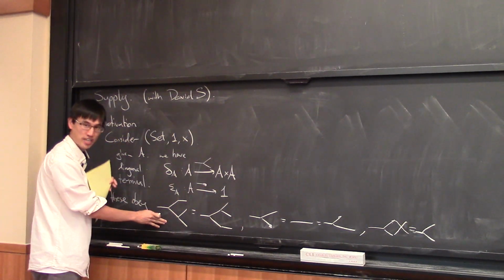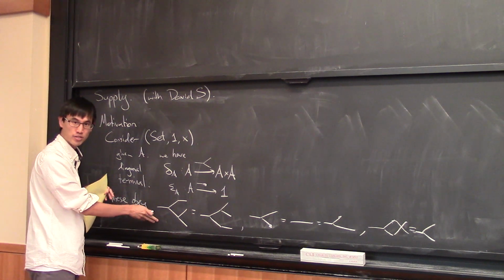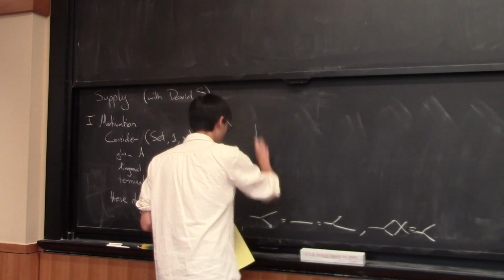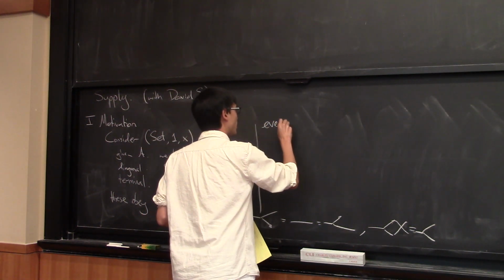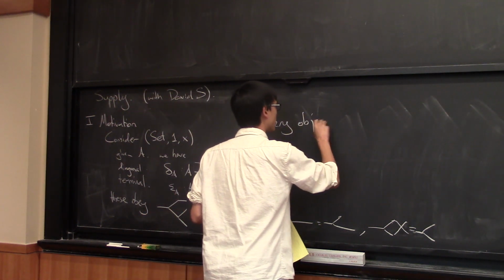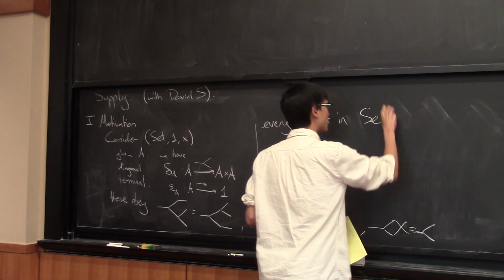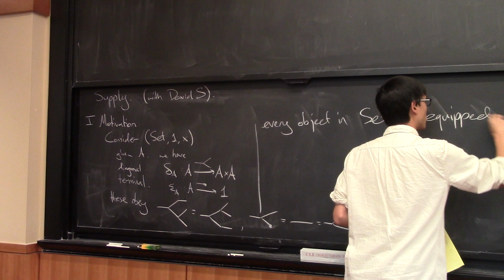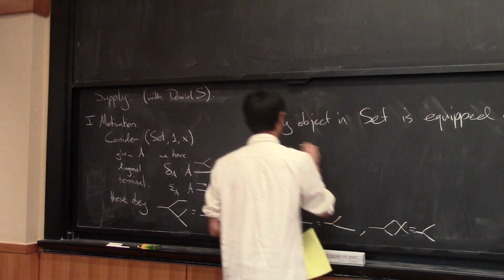We call these equations the commutative comonoid equations. And so the upshot is that every object in Set is equipped with a commutative comonoid.